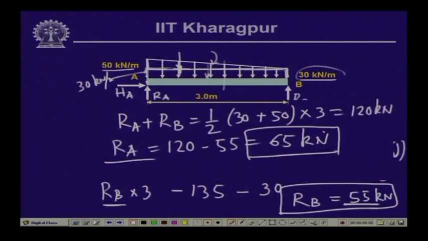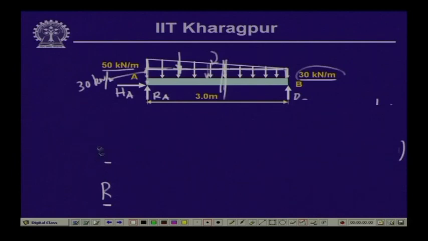Now, if you compute the bending moment and shear force at this particular midpoint, then let us take the free body of that particular part, so that you can evaluate the value of the bending moment and the shear force readily.